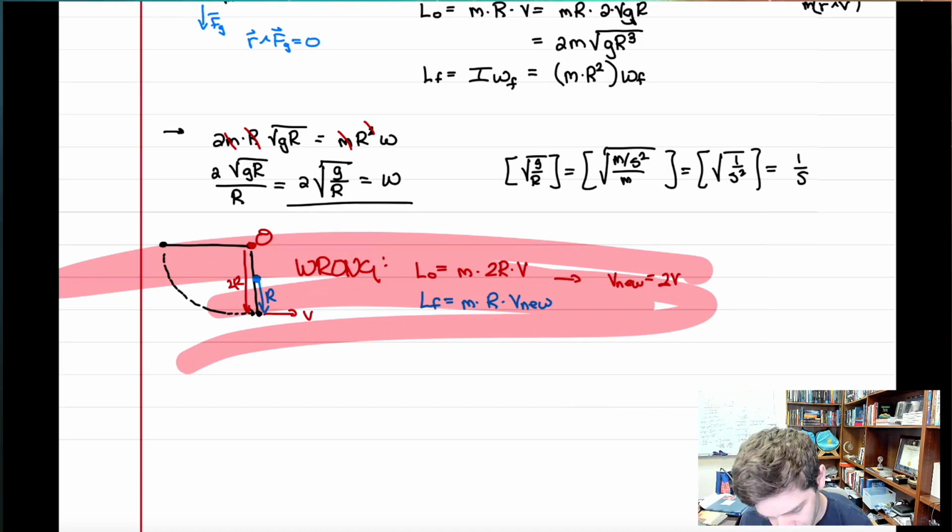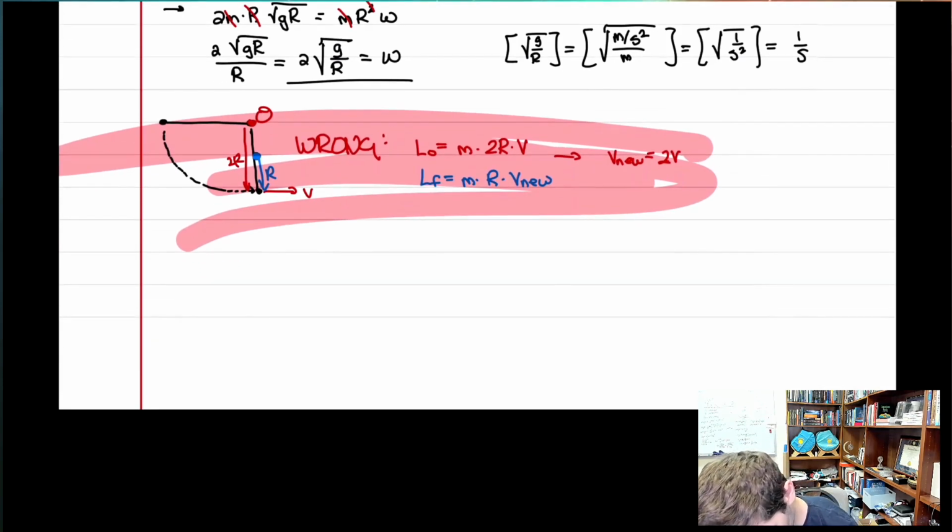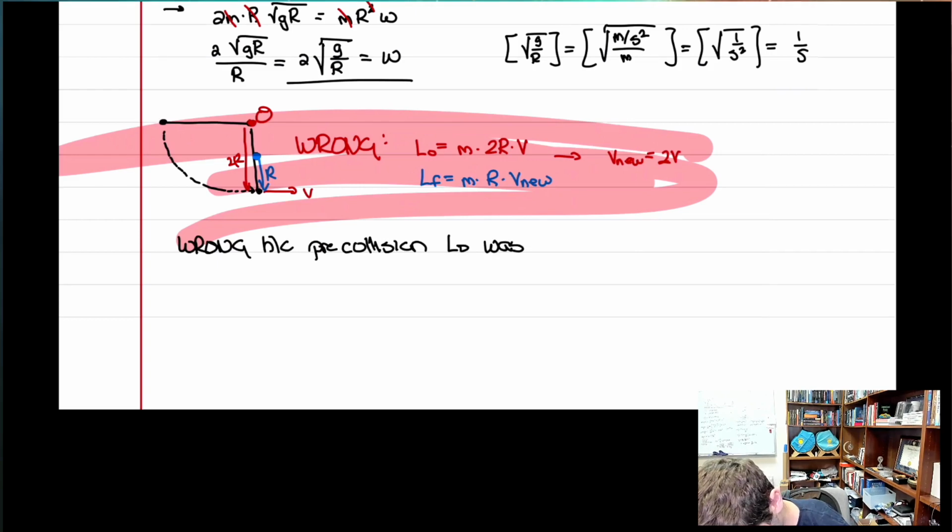Well, you might be able to realize that you changed where you were measuring the angular momentum from before the collision and after the collision, right? It's wrong because pre-collision L naught was measured from the top nail.